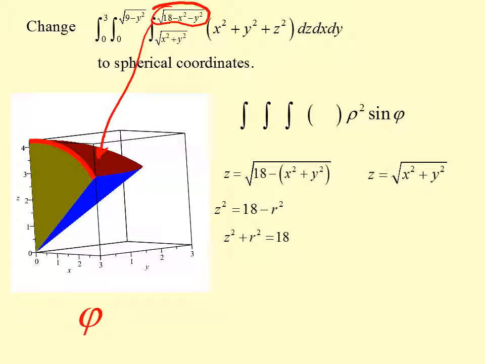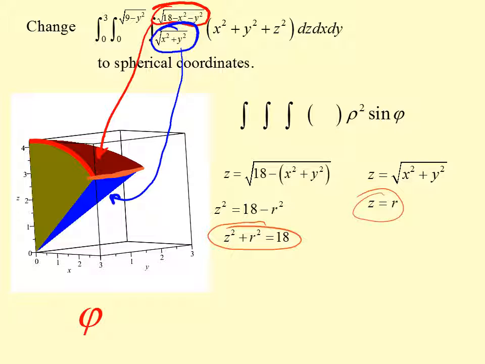Now we will take the blue surface, which is described as z equals square root of x squared plus y squared. And again, we will replace the x squared plus y squared with r squared, and we just get z equals r. So we can find then the intersection of those, the seam between those, by combining these two equations.